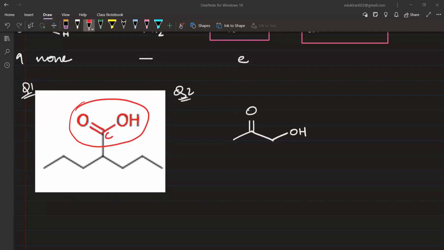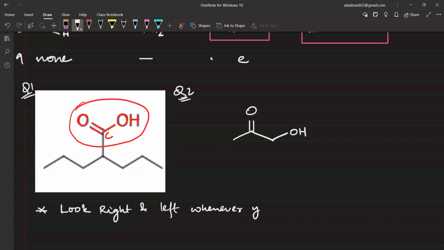So now one thing that you have to remember: right and left. Whenever you see C double bond O, or something like this, if you see C double bond O, some groups are attached right and left, here and here.